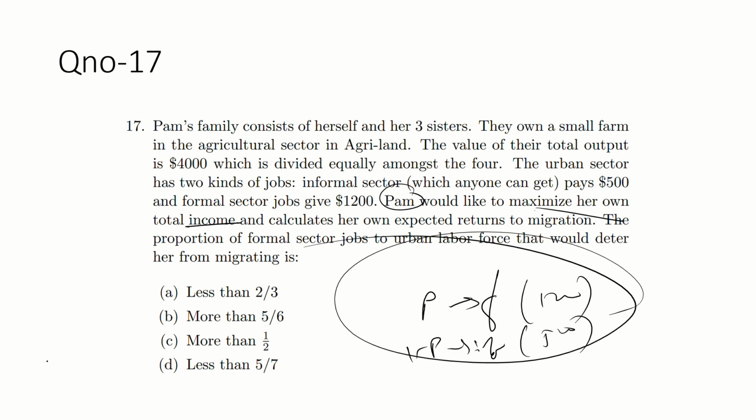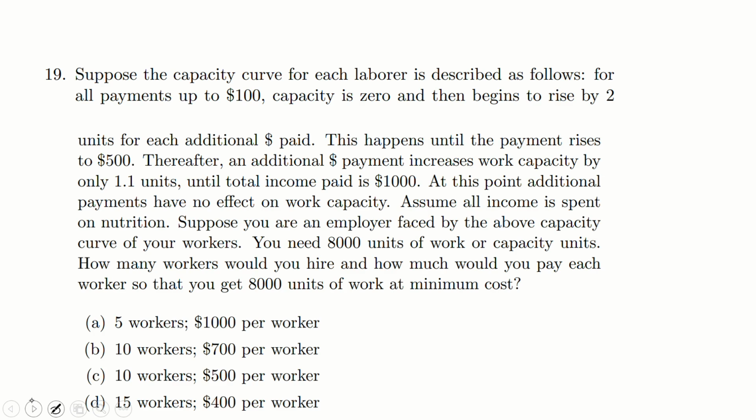Okay, so move to question number 19. Suppose the capacity curve of each laborer is described as follows: for all payment up to $100, capacity is zero, and then it begins to rise by 2 units for each additional dollar paid.